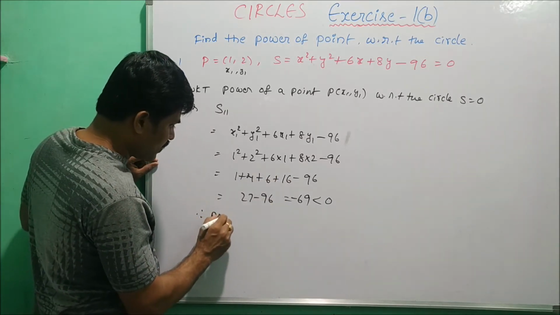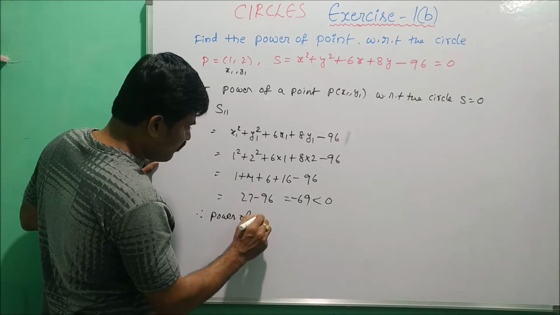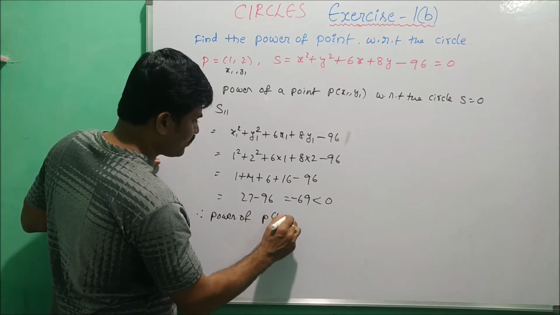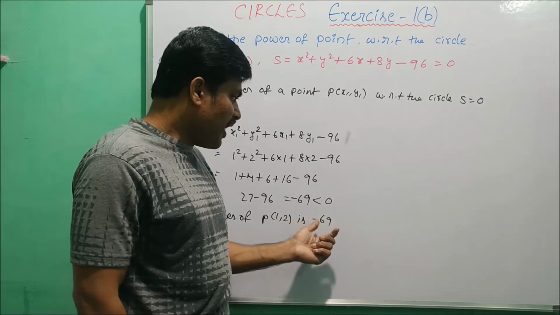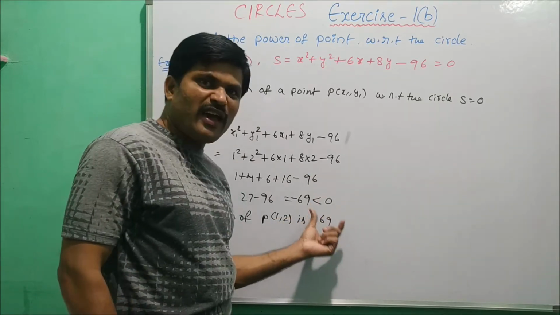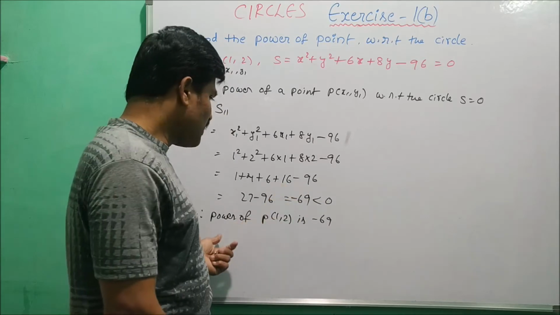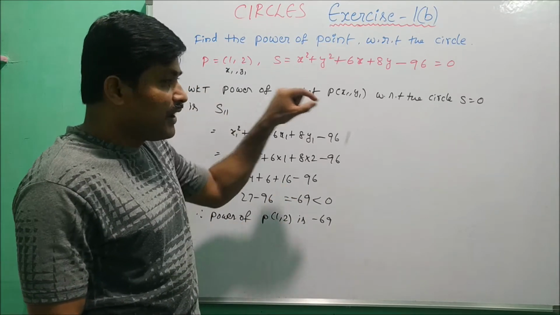Therefore the power of P(1, 2) is minus 69. And also we have to observe this value is negative. Therefore, the position of the point is interior to the circle.